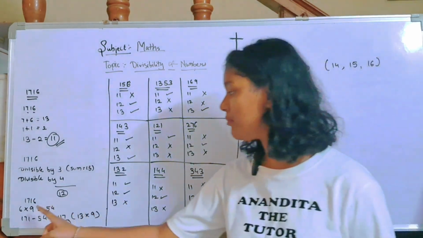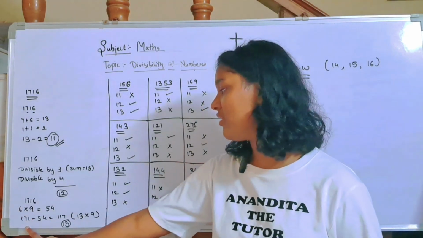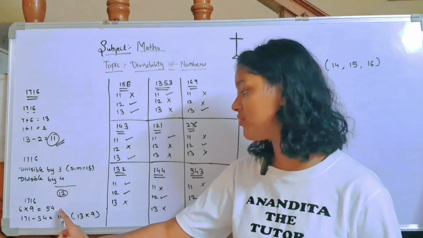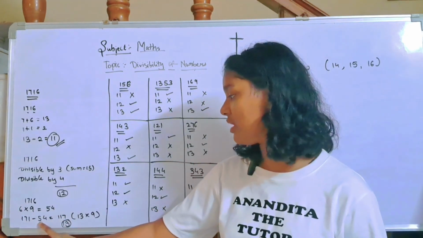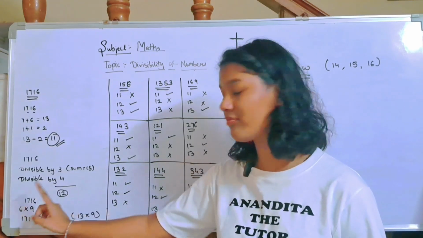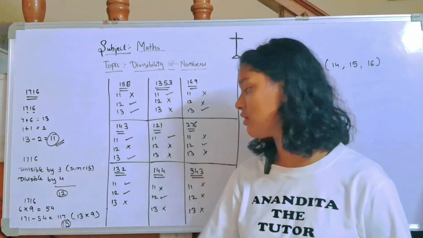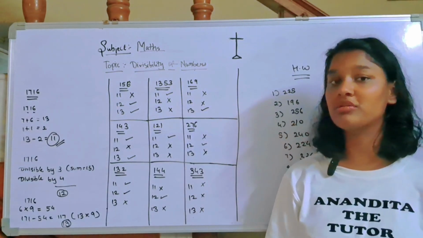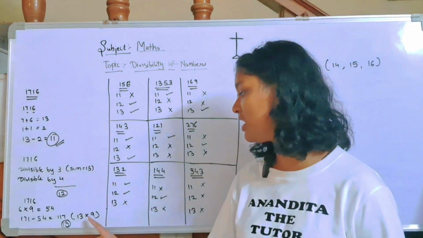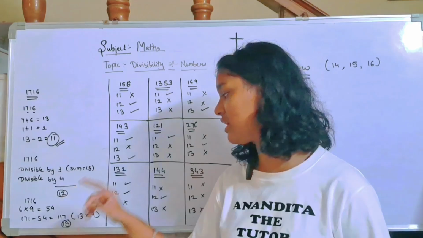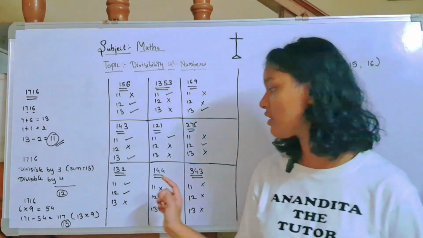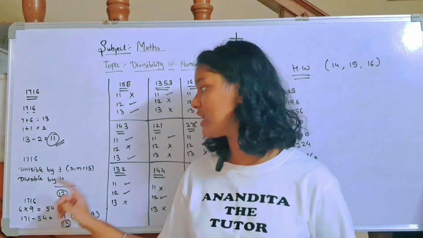The remaining number is 171. We subtract 54 from 171, and you get 117. Now 117 is the product of 13 and 9. 13 multiplied by 9 is equal to 117. So this number is divisible by 13 as well.